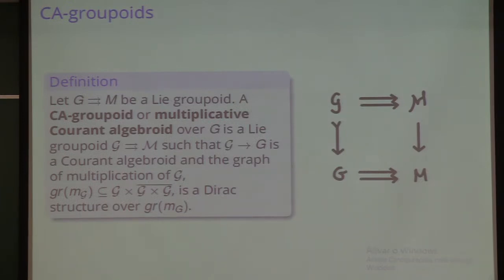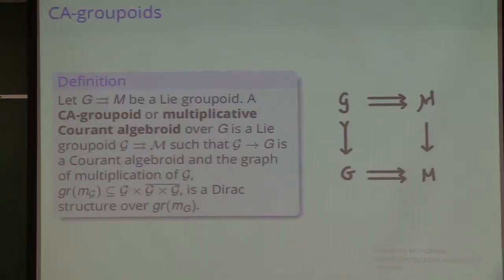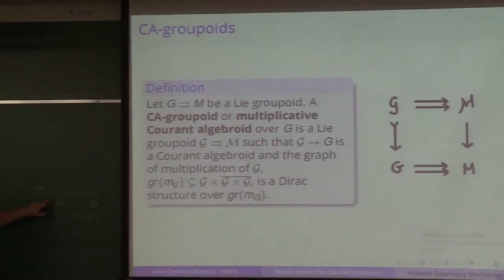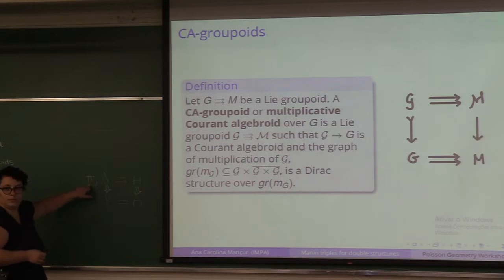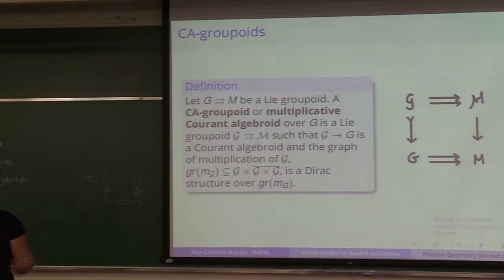So a CA groupoid is a Lie groupoid over a Courant algebroid. And what is the compatibility? The compatibility here is more delicate, because when we have a double structure with one algebroid structure, we can use the associated linear Poisson structure to define the compatibility.